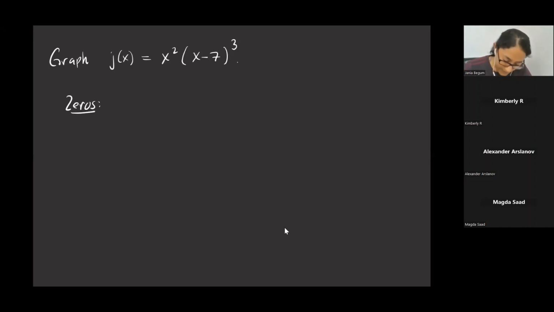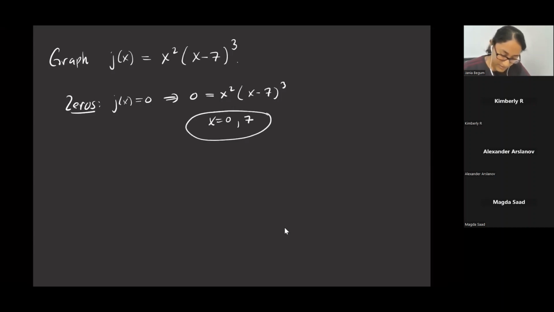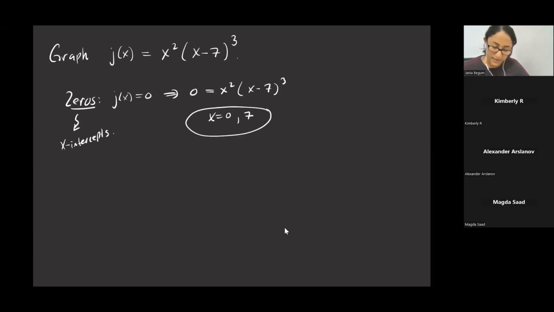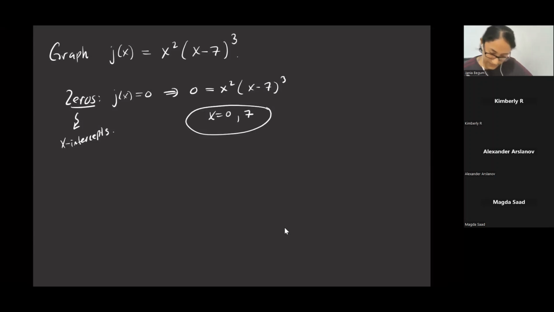So we're going to set j of x equal to 0 because that's our y. So you'll get 0 equals x squared times (x minus 7) cubed, which means x is equal to 0 and 7. These are the two zeros. Now zeros are also x-intercepts. Okay? And now we're going to see where this graph is positive or negative.